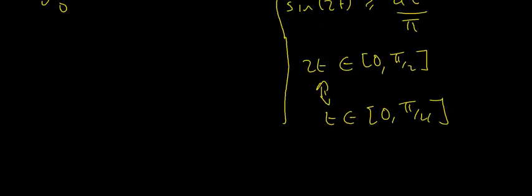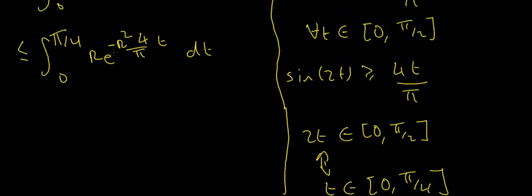Well, this is something I can integrate directly. I think it's probably best if I move all the way down here. This is something I can integrate directly because it's of the form e to the power of some number times t, and minus r squared 4 over pi is certainly a real number. So how am I going to do that?